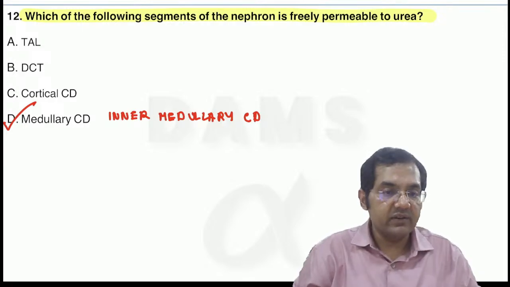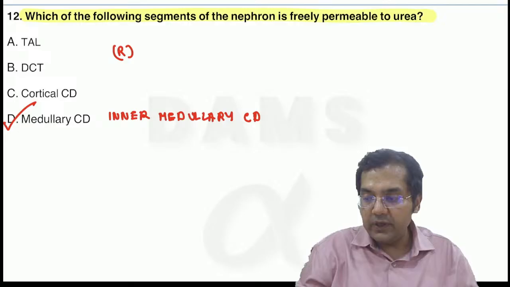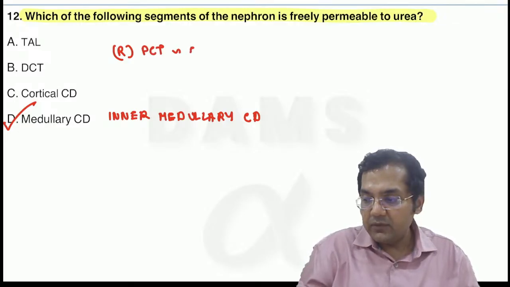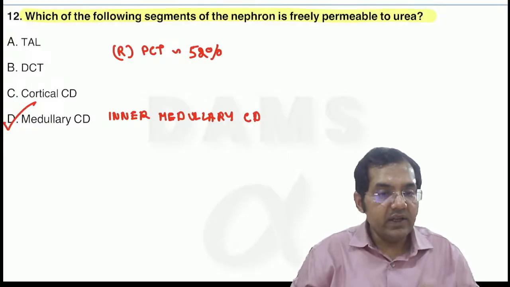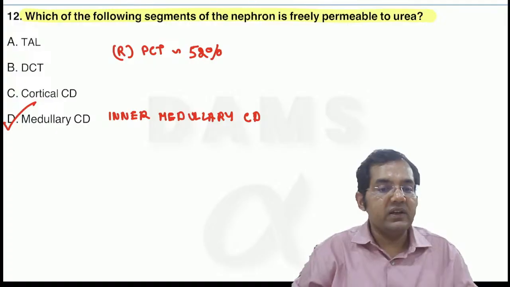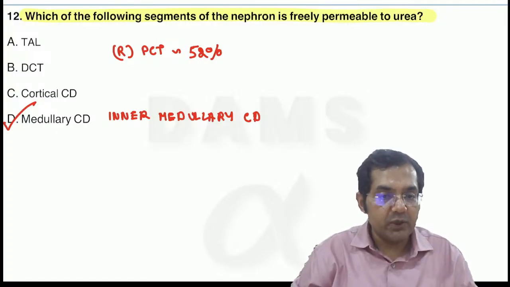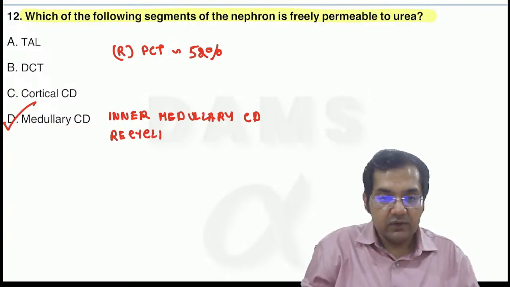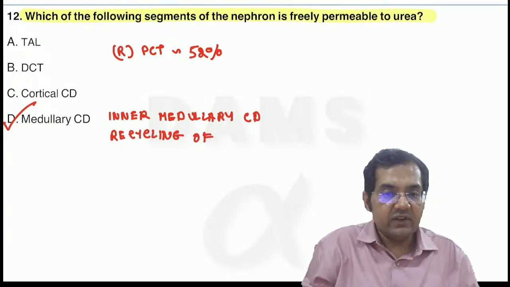This is freely permeable to urea, and remember, urea is reabsorbed in the PCT nearly 52%, right? But the inner medullary collecting duct is freely permeable to urea, right? So recycling of urea occurs in the inner medullary collecting duct, right?